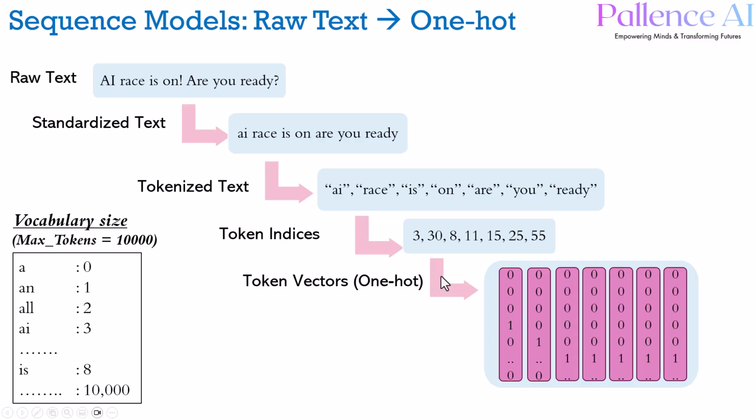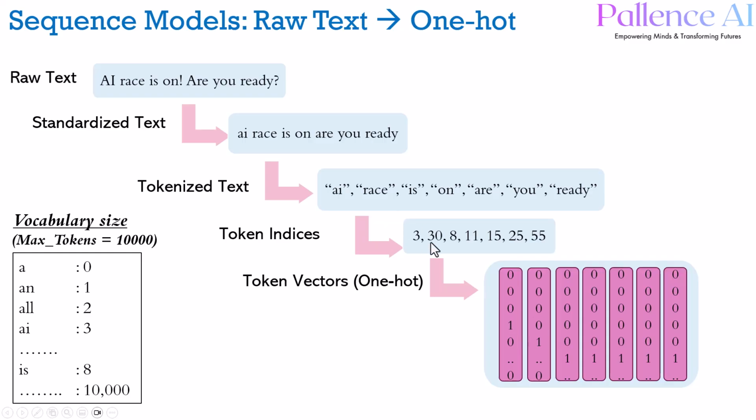So then we create a one hot vector. You create a one-dimensional vector of size 10,000, because my total vocabulary is 10,000, and we put everything as 0 except the third position, because the third position corresponds to the word AI in the vocabulary. So that third position will be 1.